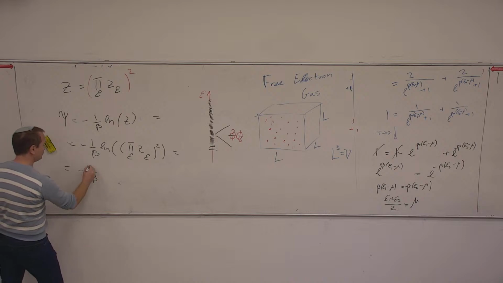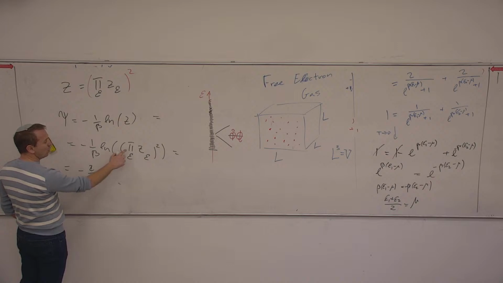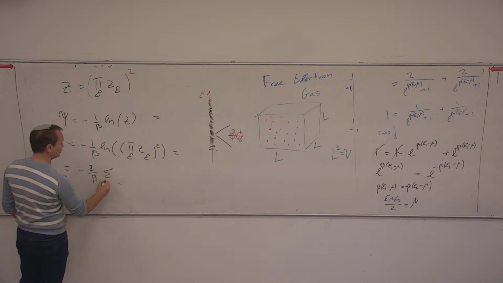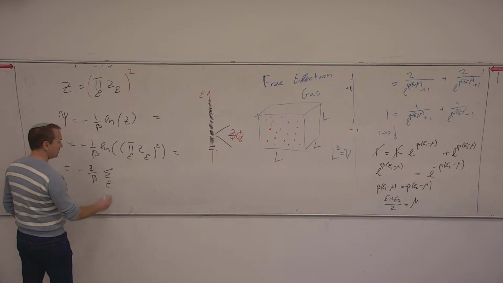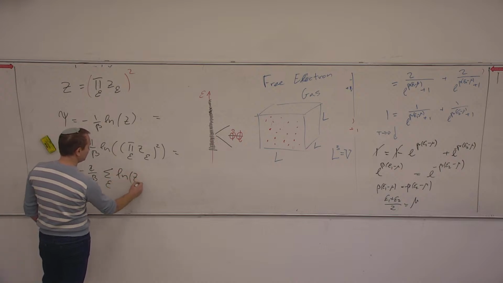We will have 2 over here, and log of a multiplication is a summation of logs. I sum over all the possible energies that I have inside my system. Okay? And here I have log of z epsilon.